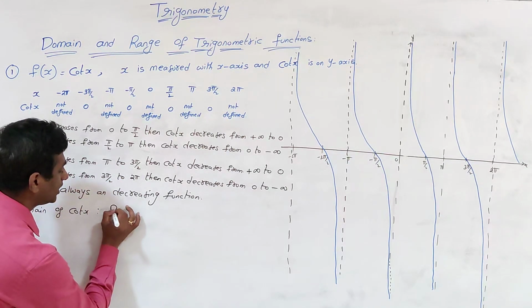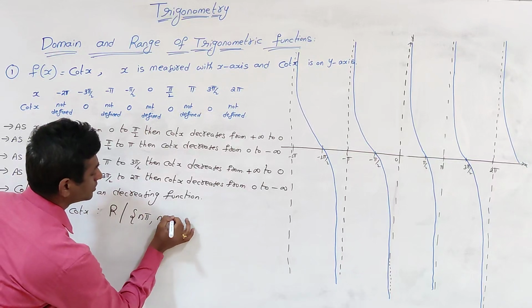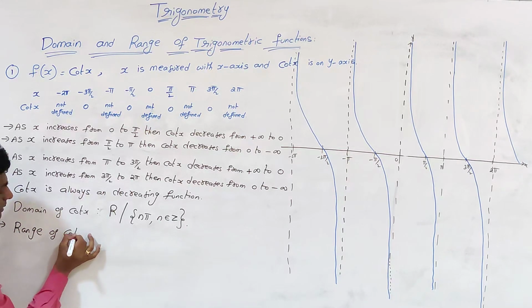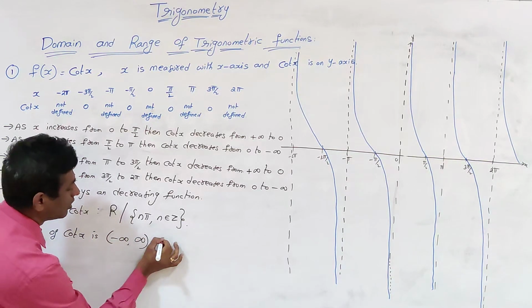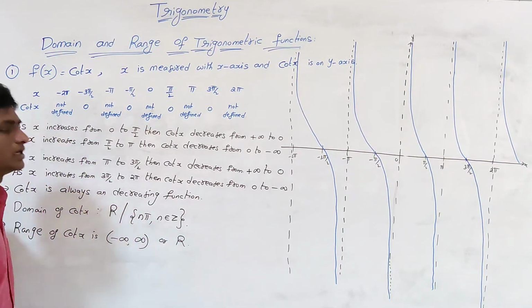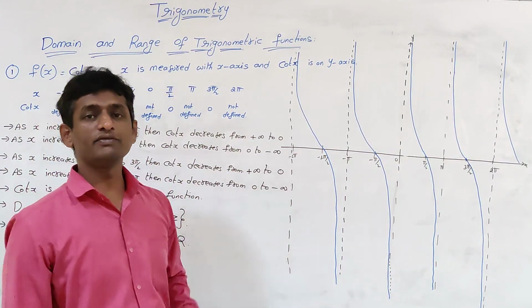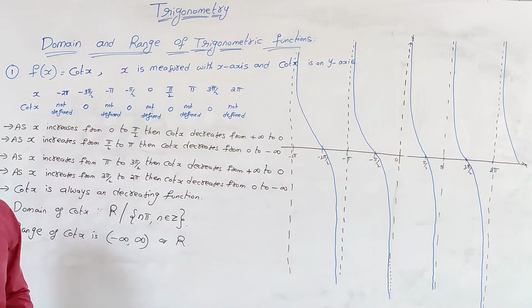It is R except n pi, where n belongs to Z. And the range, the set of all outputs, is minus infinity to infinity, or we can say all real numbers. There is no maximum value and no minimum value for cot x. So these are the observations for cot x.